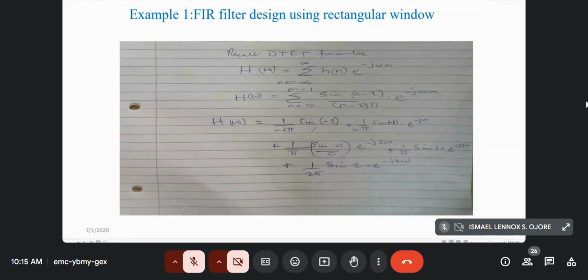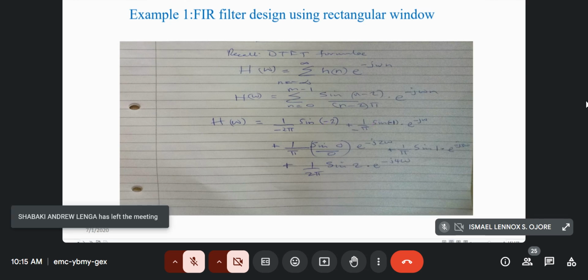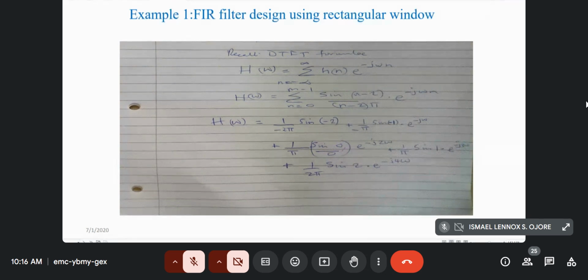And if you replace this, it comes to this. So the first term is this one, for n is equal to 0. So it becomes that. n is equal to 1, n is equal to 2. I wrote it like this, but normally, of course, this sin 0 over 0 is indeterminate.